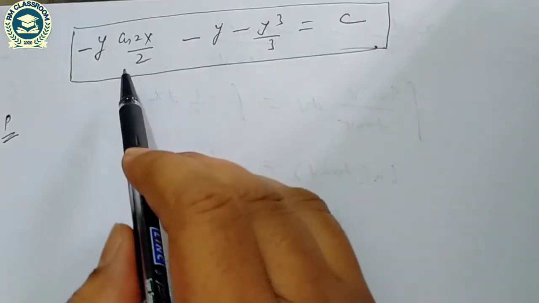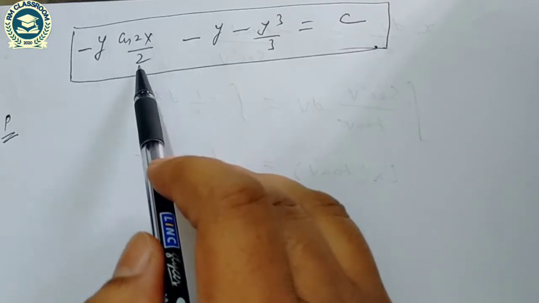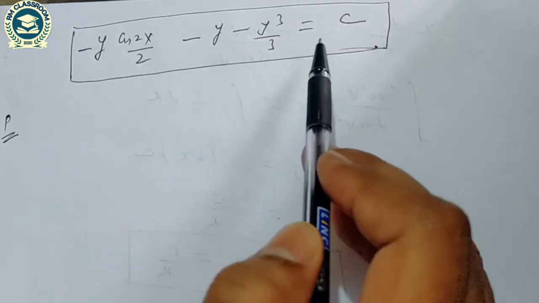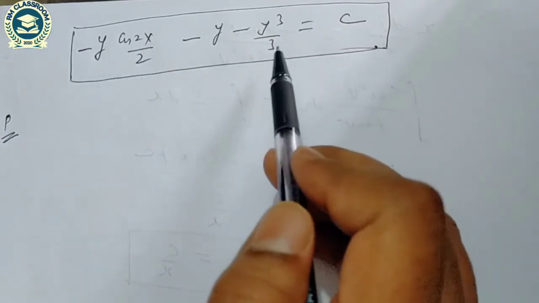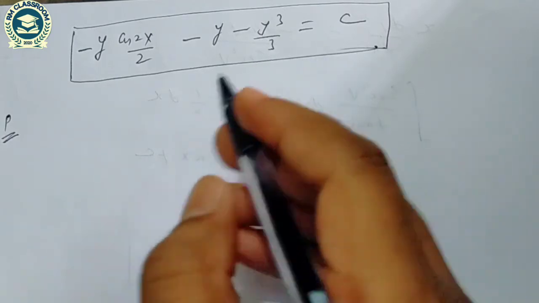So this is the solution of the exact differential equation: minus y cos 2x by 2 minus y cube by 3 is equal to constant. With the help of boundary conditions, we can compute the value of these constants.